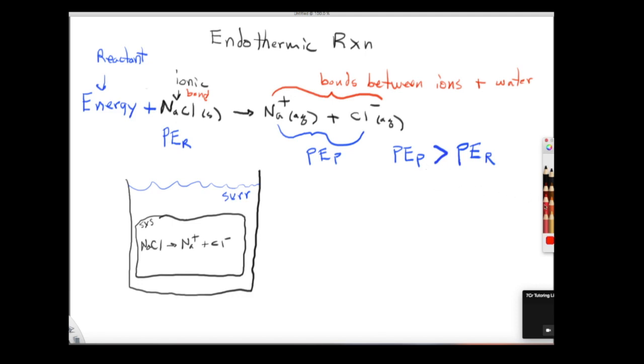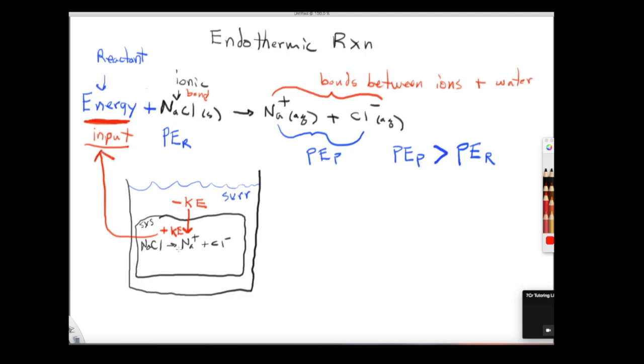All right, it's going to get cold in your hand, and the reason that's going on is because in order for this reaction to happen, as opposed to the last example, you have to have the input of energy. And that energy had to come from somewhere. And where it comes from is out here in the surroundings. So kinetic energy moves from the surroundings into the system. So here's your energy right here, plus KE. That's what this is.